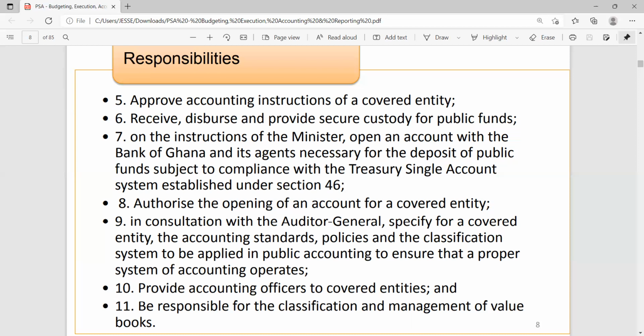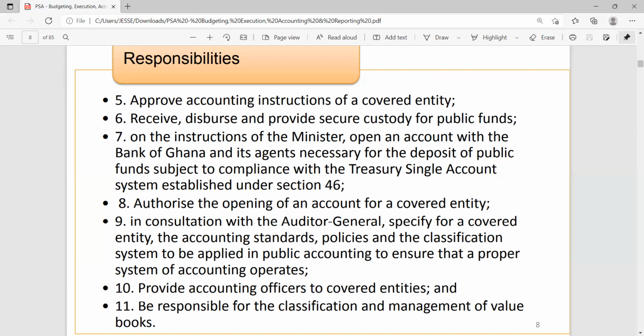the accounting standards, policies, and the classification system to be applied in public accounting to ensure that a proper system of accounting operates. So they are also responsible for ensuring that there's an efficient and effective accounting system in place, because the accounting system is crucial to determine the numbers that are churned out and to ensure that proper custody and integrity of public funds is maintained.